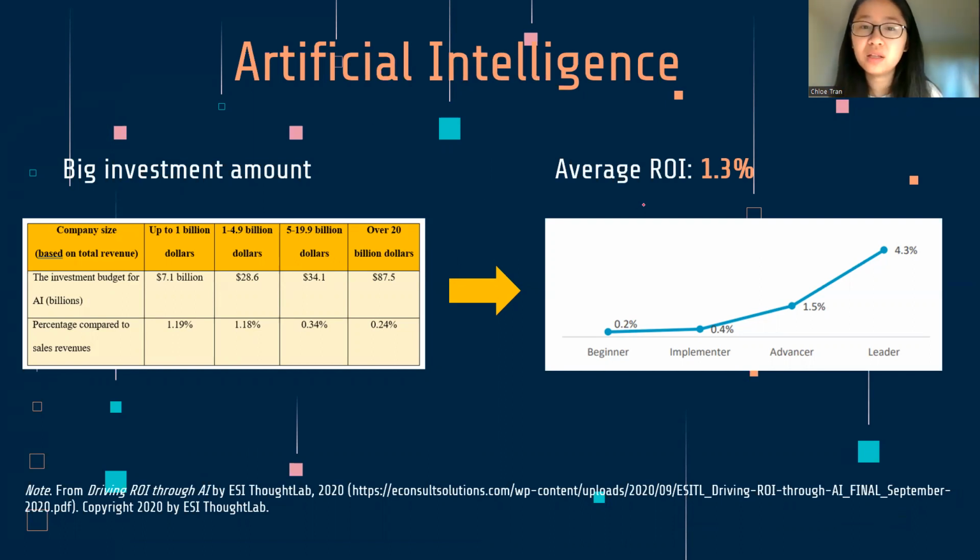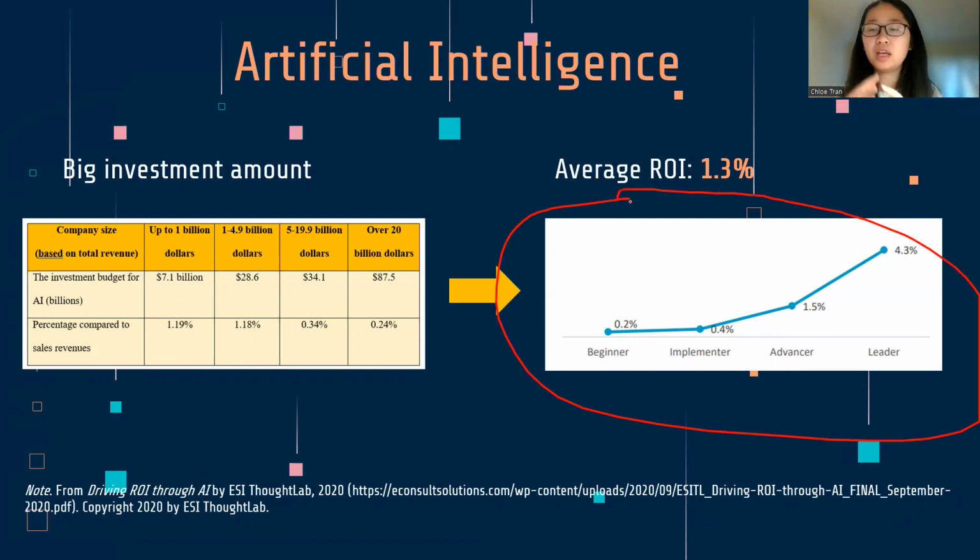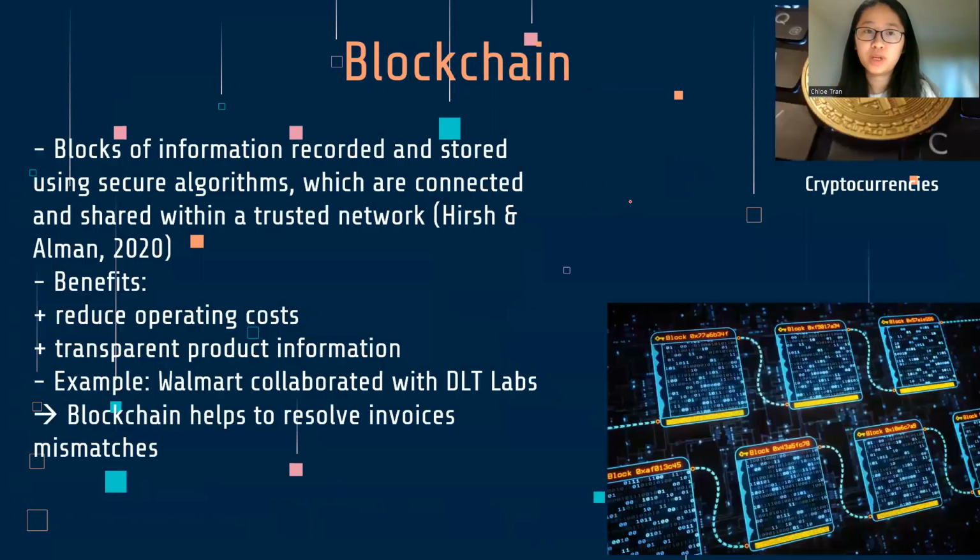However, you can see in this graph that if the company can become a leader within the industry, they can receive a very significant increase in terms of ROI. So that's the reason why companies invest a lot of capital into AI, because they want to become a leader within this industry.